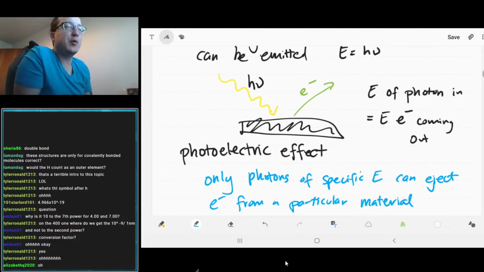So if you tweak the energy of your photons, you may not get the photoelectric effect from the same material. And it turns out we're going to have a whole bunch of reasons why that's going to be, but for right now, just accept it.